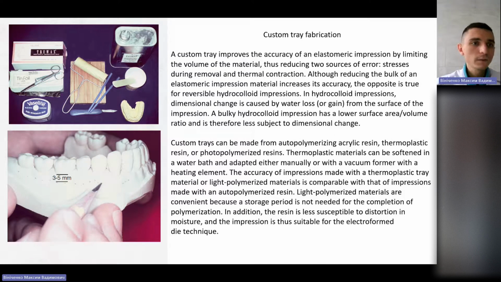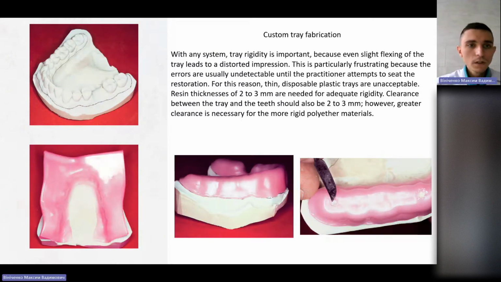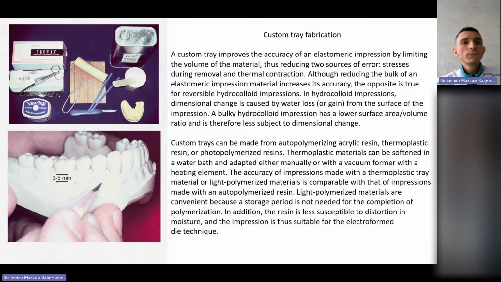Here is the custom tray fabrication. A custom tray improves the accuracy of an elastomeric impression by limiting the volume of the material.